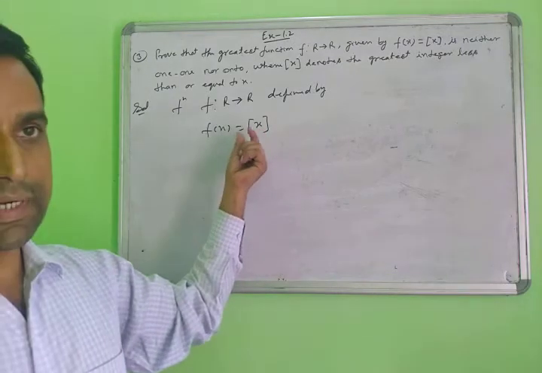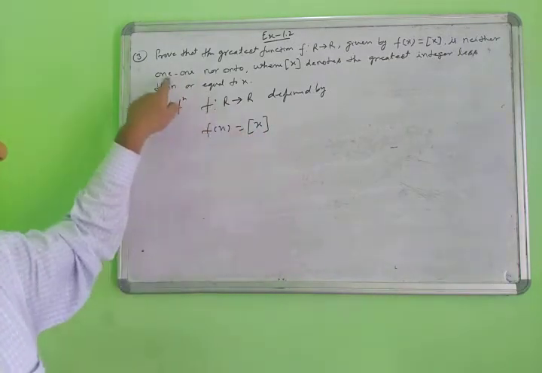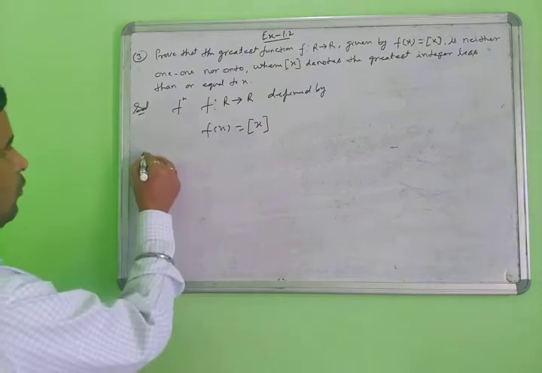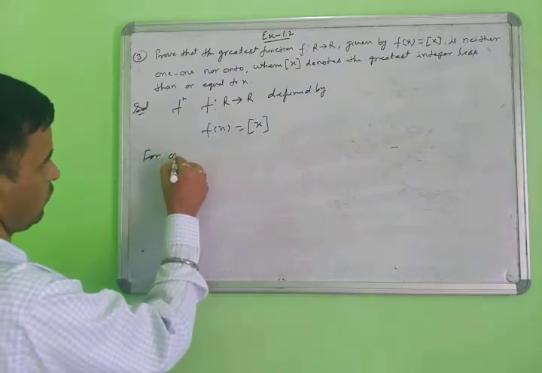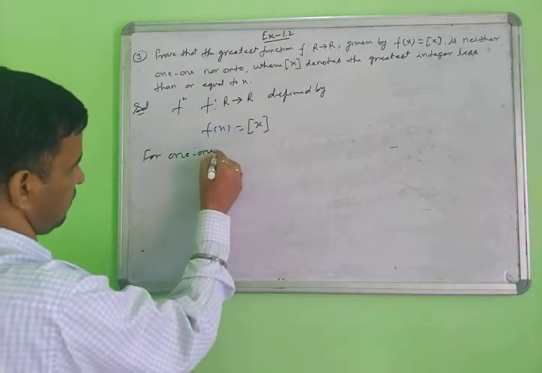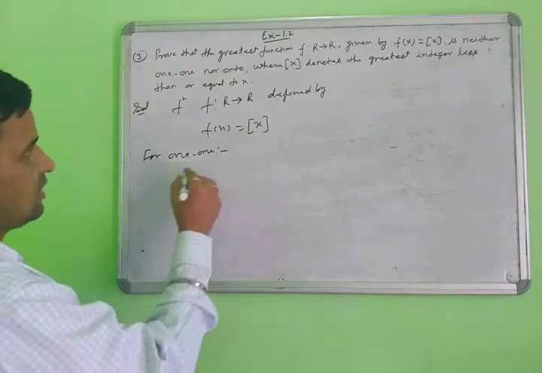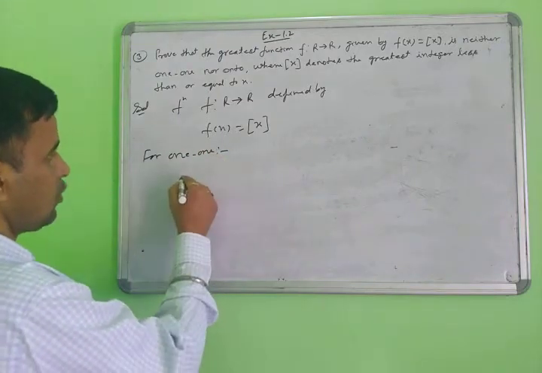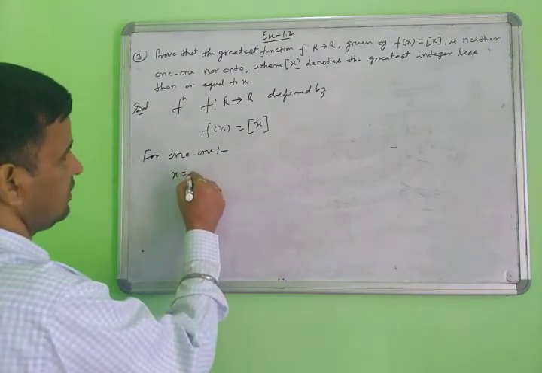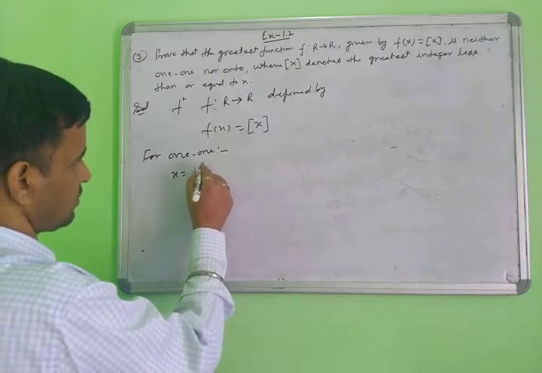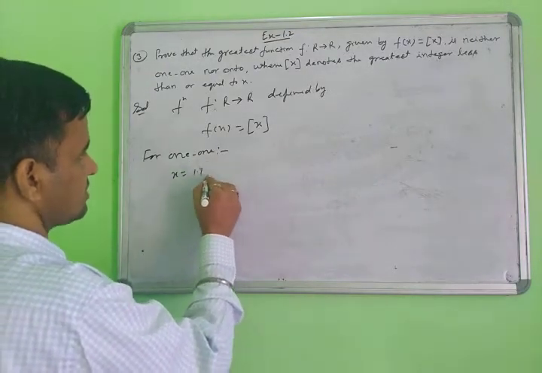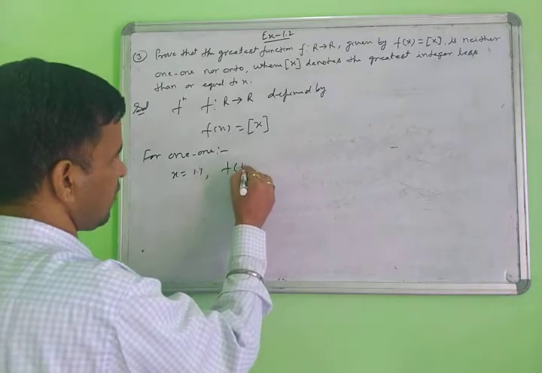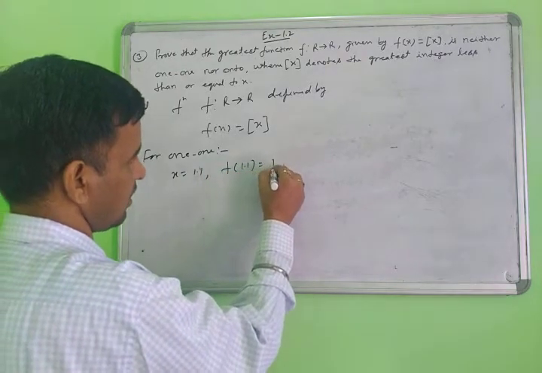According to the property of the greatest integer function, first we will check one-one. Suppose you put the value of x as 1.1, that means f(1.1). What value comes here? 1.